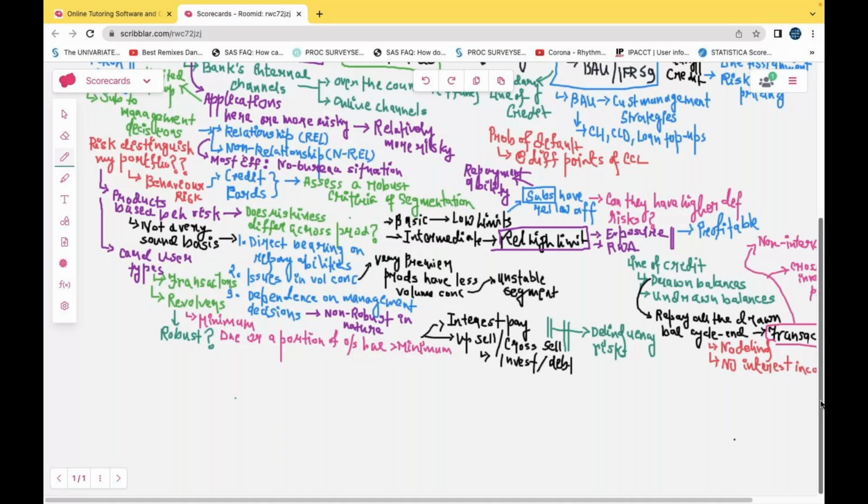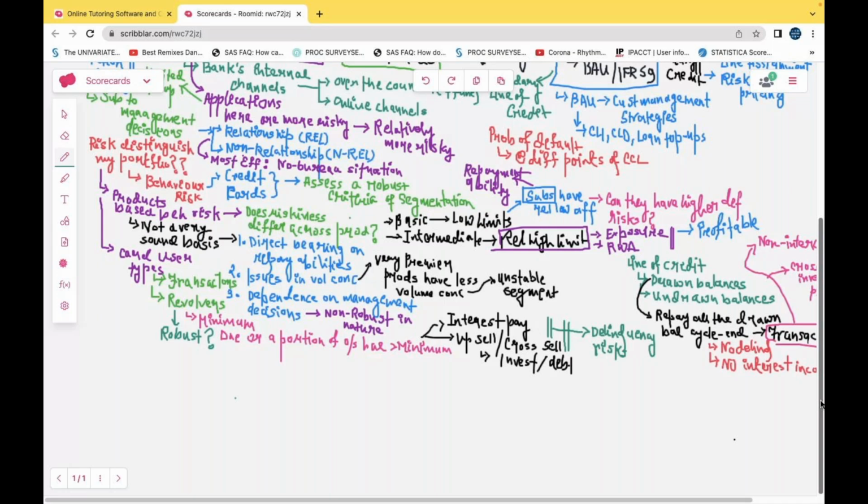However, we identified that product type is not an ideal method of segmentation for behavior scorecards, because it cannot give us that insight; product types are largely dependent on management decisions.